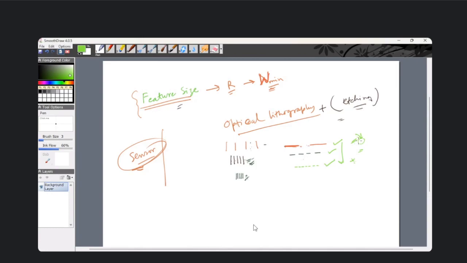So the main point for lithography, along with etching, is to determine how small and how closely the individual components, or the lines, can be placed. That challenge lies everywhere, at every time.